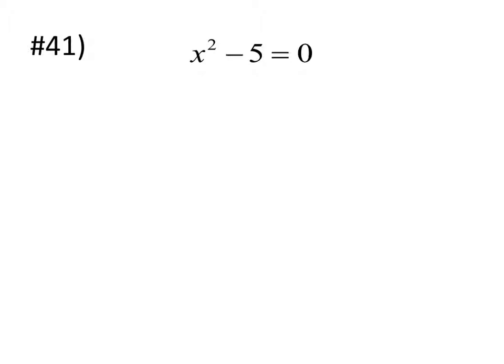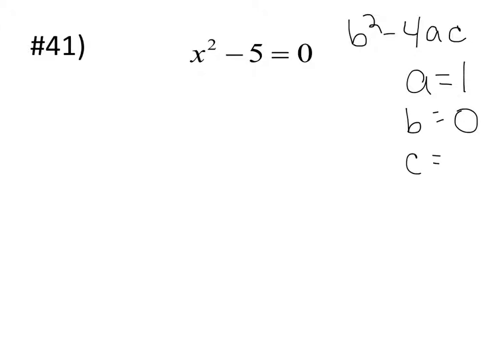Okay? So what we're going to do is, remember, we're just dealing with b squared minus 4ac. So looking at the equation, you've got a equals, b equals, and c equals. A is 1, b is 0 because notice there's no x value, and c is negative 5.